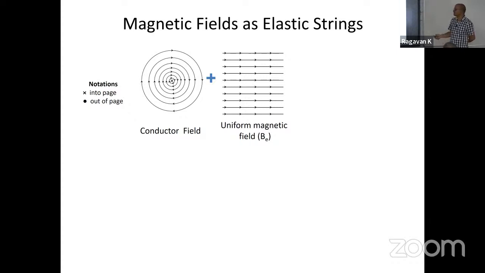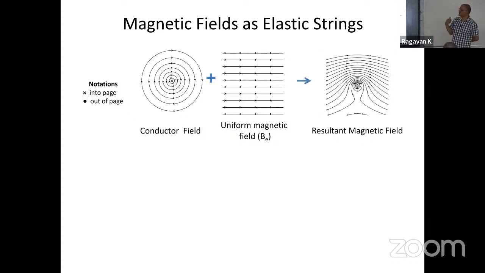Without, let's say, using any formula to get the force on the conductor, is it possible to guess the force on the conductor just by looking at this pattern? Can someone answer this question? Let's not use any math. We'll just have a look at the resultant field and say what is probably happening to the conductor.